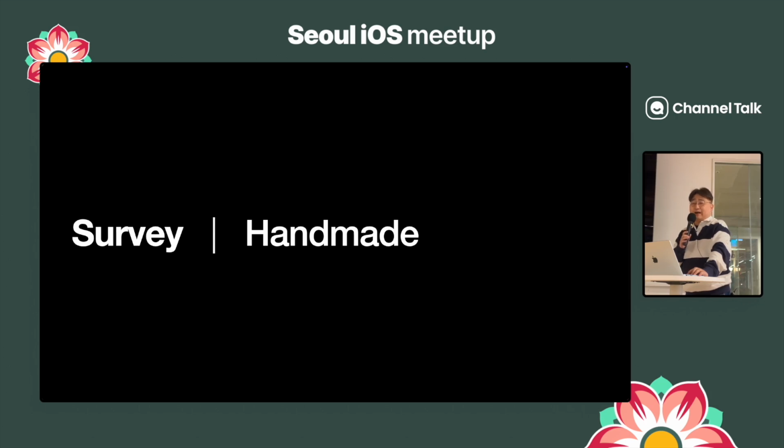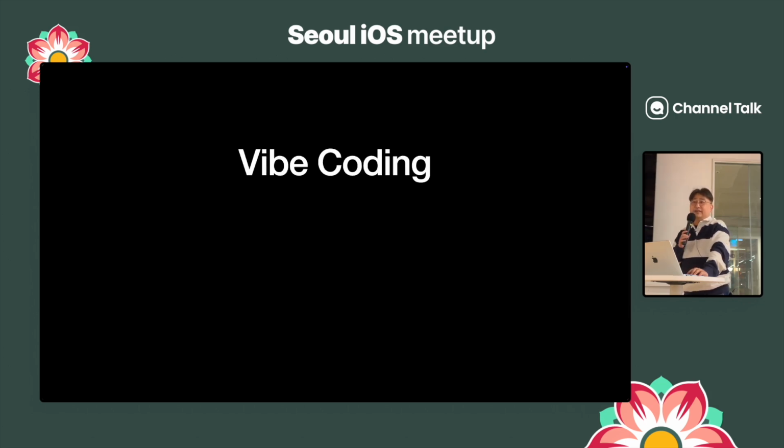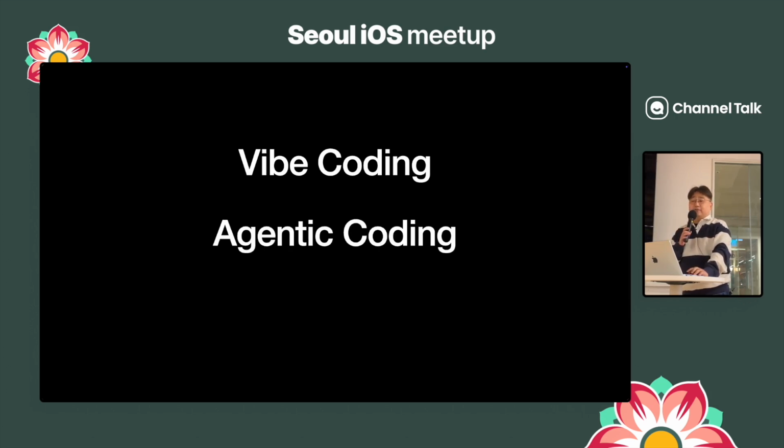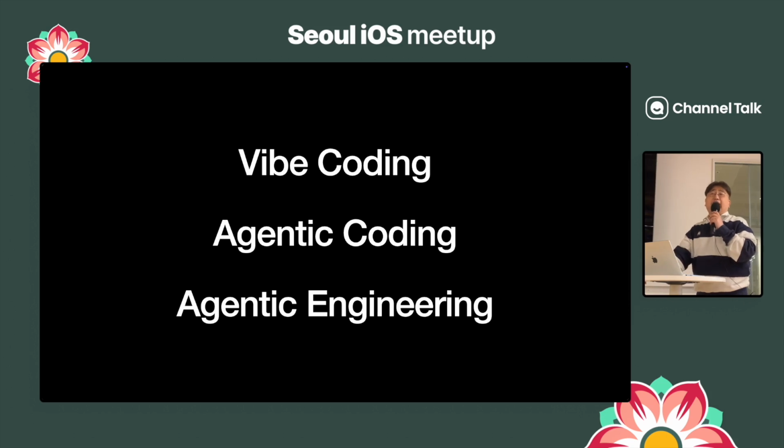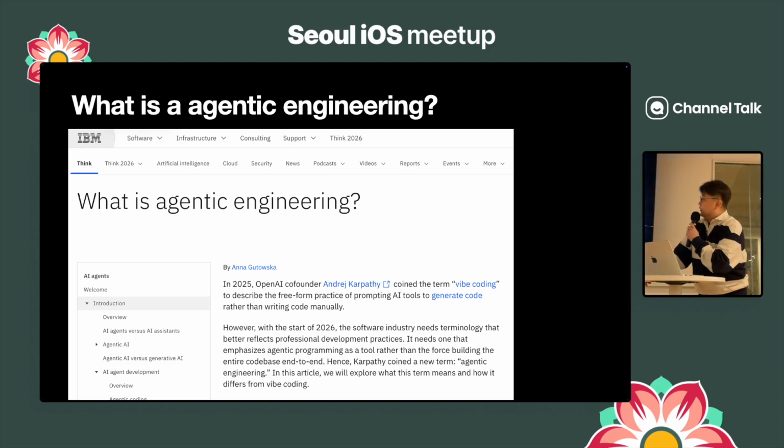We heard vibe coding last year, and it changed to agent coding. The creator of the word vibe coding called it agentic engineering, not vibe coding. So on the web, there is a definition of it.